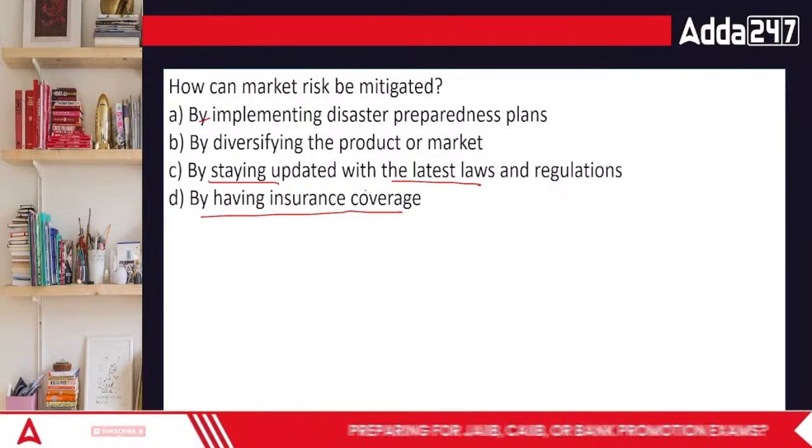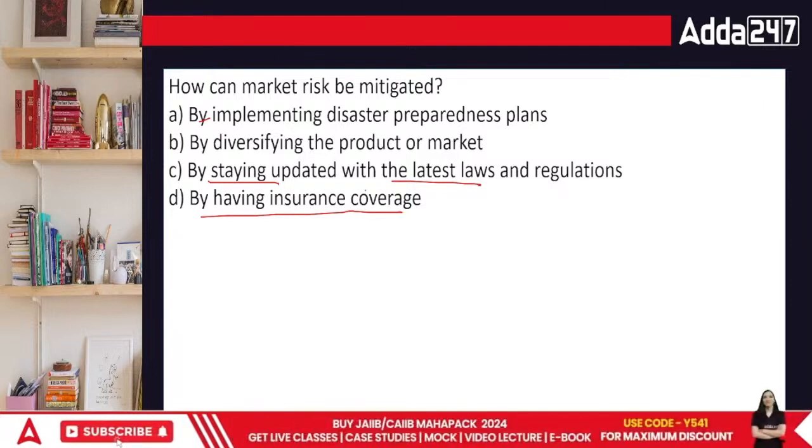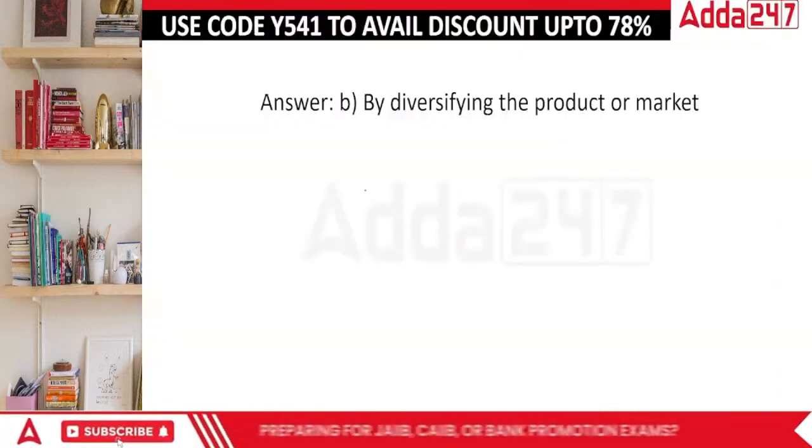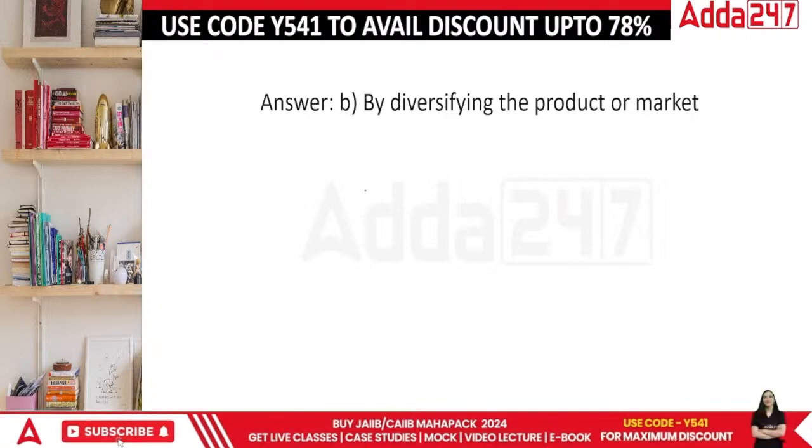Risk can actually be reduced if we diversify it. Diversify it, meaning we give it to someone else as well. That means we are looking into the product, and if one part of the product doesn't work, the other part might.